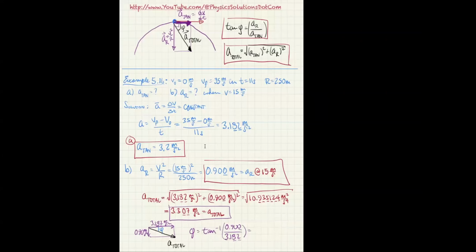So I'll take shift tangent inverse parentheses 0.9 divided by 3.182, and that gives me 15.79 degrees, but neither one of those are sig figs. So I'm just going to say that's equal to phi. And now we have a little bit better understanding of what the whole acceleration vector is. Anybody have any questions on that?